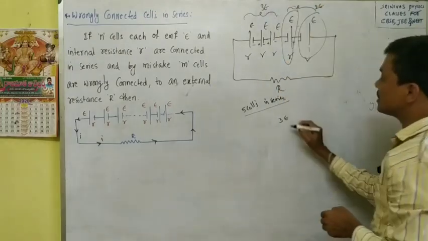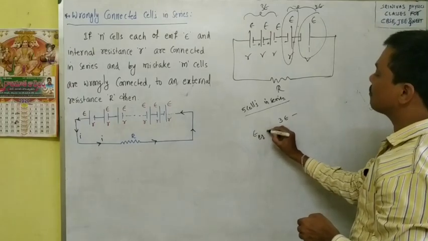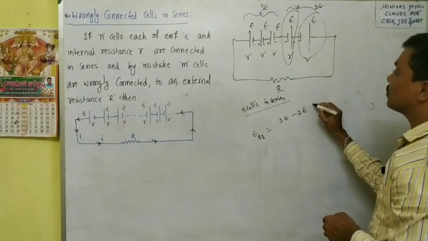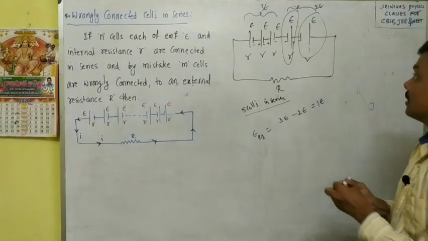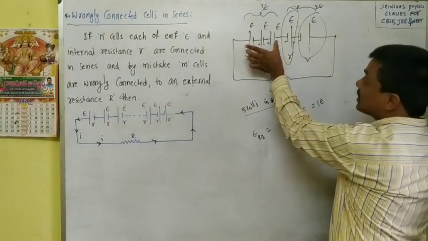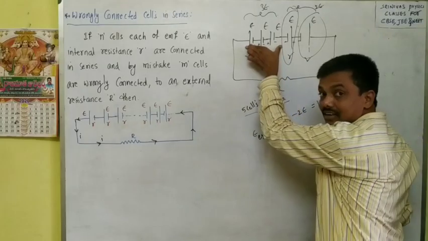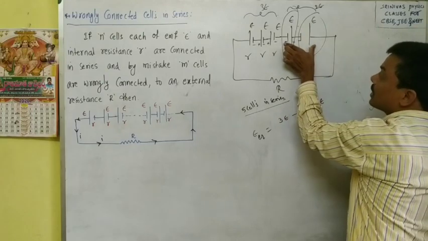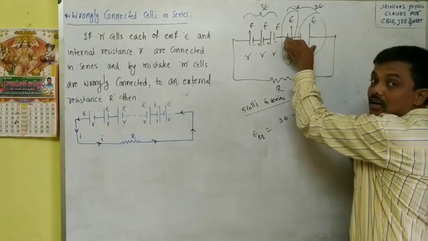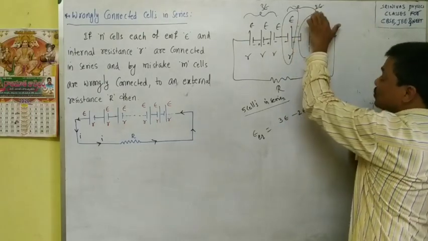Then what is the net EMF? The effective EMF is 3E minus 2E, that is 1E. Once again, there are total 5 cells. In that, 3 cells are rightly connected, their effective EMF is 3E. 2 cells have reversed polarities, their effective EMF is 2E.